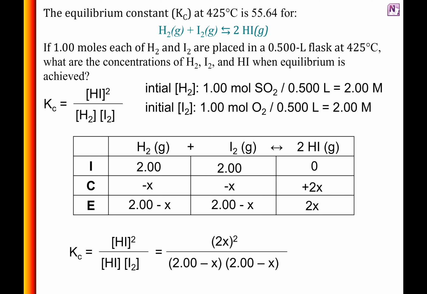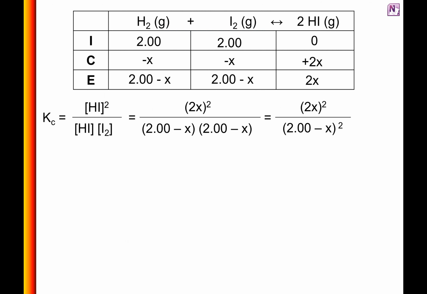Now we can plug these values into our Kc expression, keeping the x terms. We end up with 2x squared over 2 minus x times 2 minus x, so 2x squared over 2 minus x squared. We'll do the same trick, taking the square root of both sides to get rid of our square.